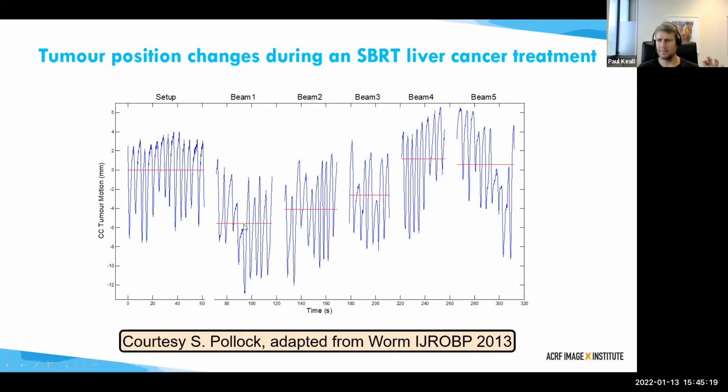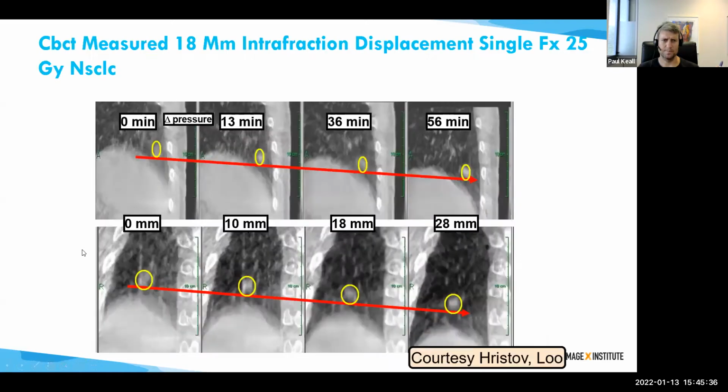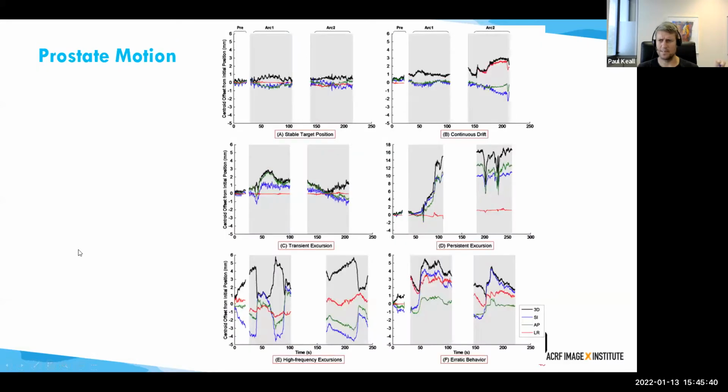The tumor had drifted, possibly from the patient relaxing, so there's a difference between where the average position of the target is, and also, at any instantaneous time, we have this target motion. I might just skip that. Breathing motion is periodic.